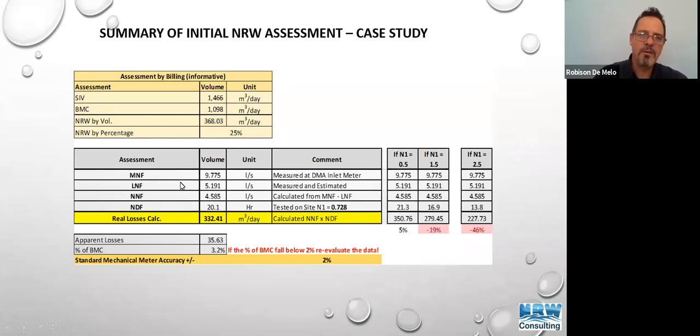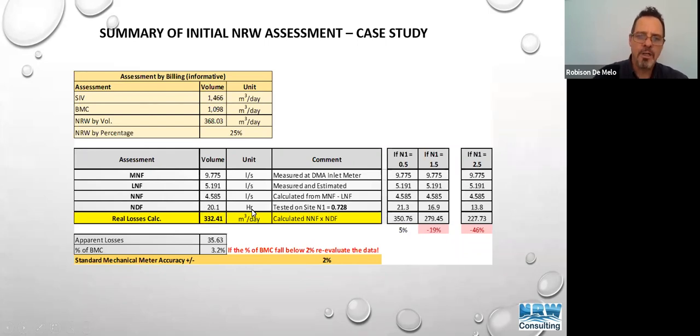Now, doing our calculation based on our minimum night flow, measured at the DMA inlet meter, and our legitimate night flow, also measured and estimated with a best estimate, we can have our net night flow, which is just the minimum night flow minus the legitimate night flow.